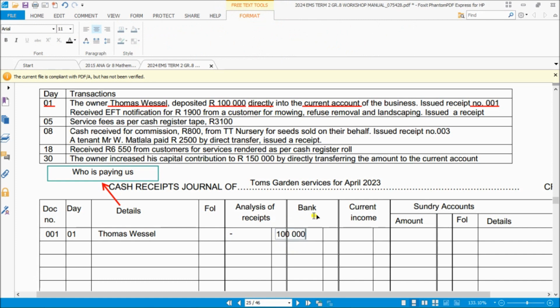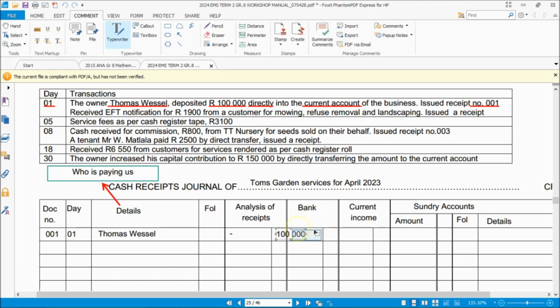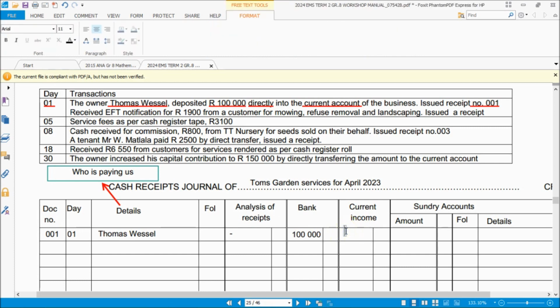So the reason it's not going to my analysis of receipts is because I did not receive cash. If you gave it to the business cash, I would analyze the receipt after drawing up a receipt. Does it go to current income?